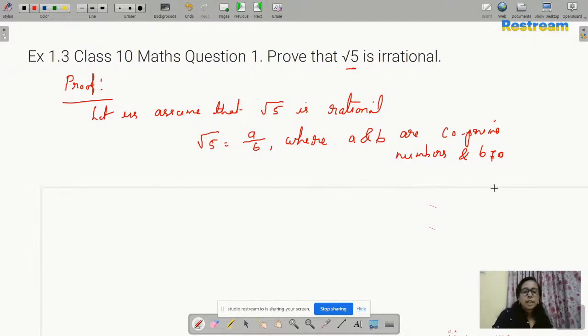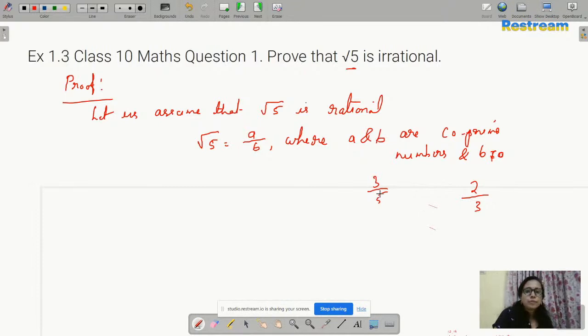Do you understand what the meaning of co-prime numbers is? I'll tell you. Co-prime numbers means no common factors are there. A and b are like 2 by 3. They are co-prime numbers. 2 and 3 have no common factors other than 1. Then 3 by 5, no common factors other than 1.